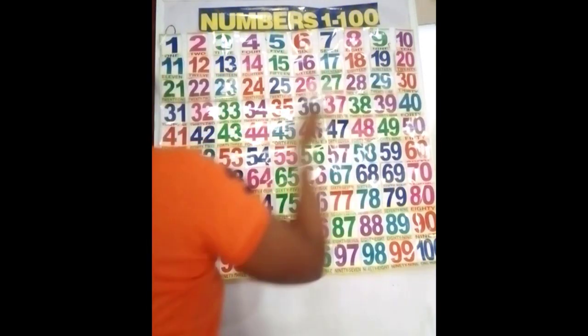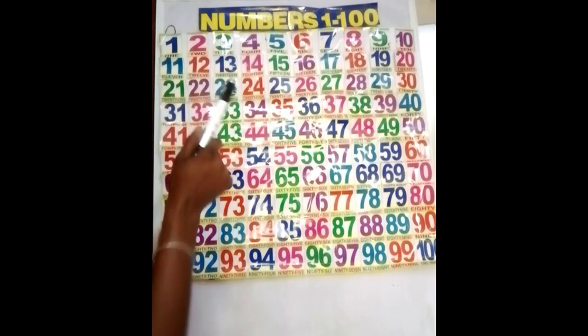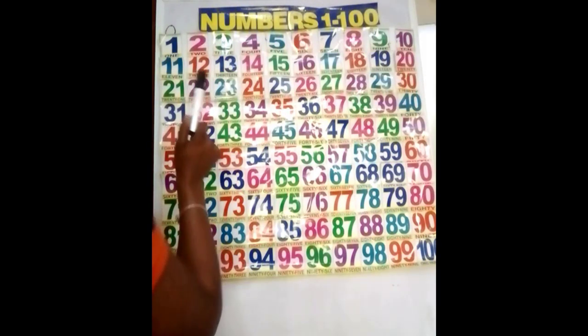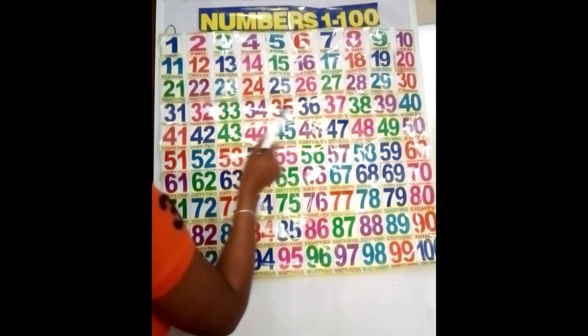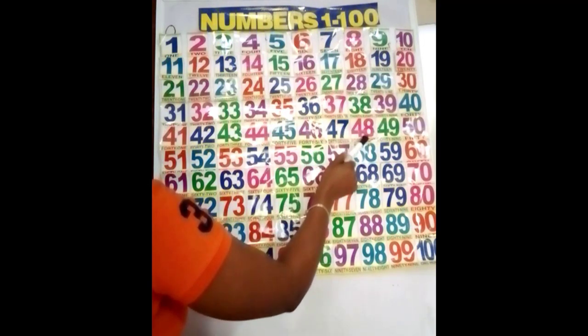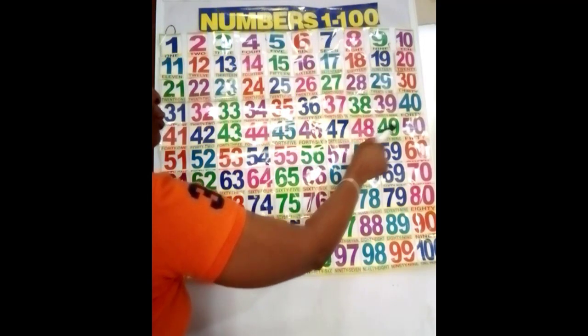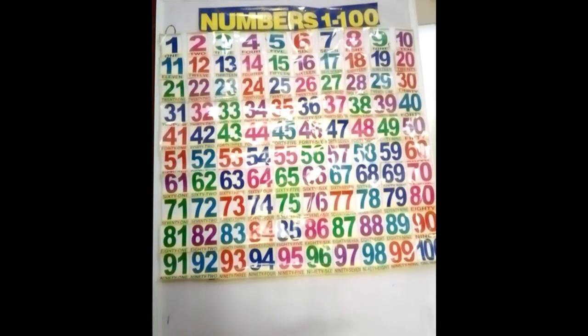So from 40, the next number is 40 and 1, which is 41. 42, 43, 44, 45, 46, 47, 48, 49, and the next multiple of 10 is 50.